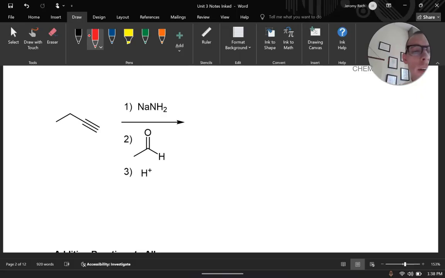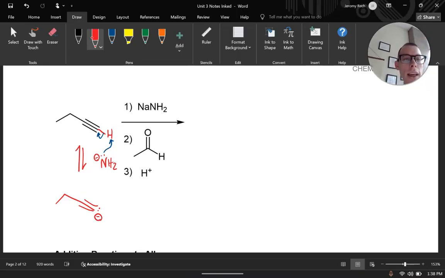So if we imagine here, we start with our protonated version. If we use our strong base, so here this will be our NH2 minus, this can come and deprotonate, giving us our reactive intermediate. This is going to be our really, really strong nucleophile.